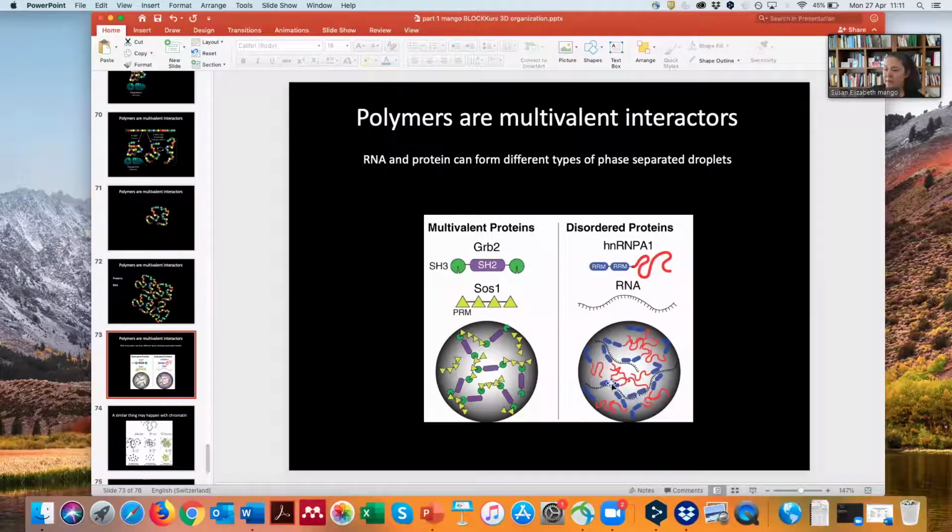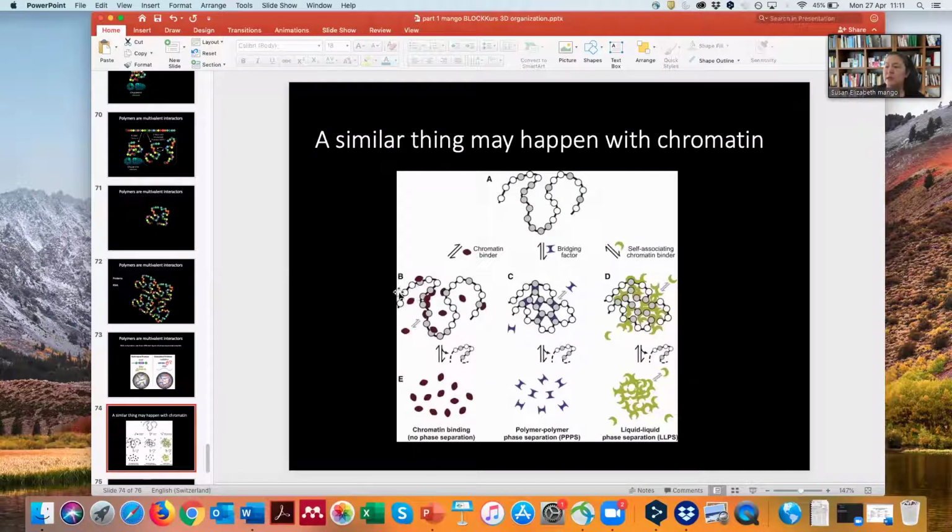So RNA plus these disordered proteins can begin to nucleate these phase separated states, or just protein, and ultimately chromatin. So DNA is also a polymer. It binds and interacts with many different kinds of proteins. And depending on how those proteins interact, you can begin to set up a distinct state, not bounded by a membrane, but it is an isolated kind of entity.